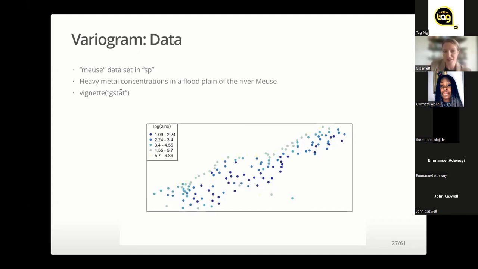So the vignette from the gstat package has a lot of details written out that slides just aren't able to, you can't put all the details on slides. So what we're going to model here is the log zinc concentration in this floodplain of the River Meuse. And here we can see some low zinc values along this southeast side, and then the high values along the northeast side. And I'm not sure if it's north or south, but that's how it's plotted, I guess.